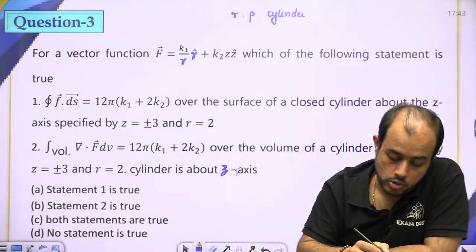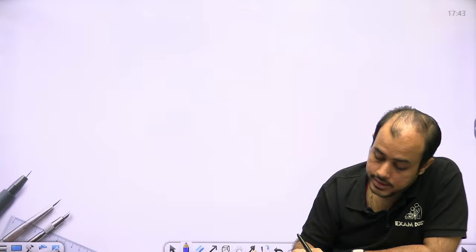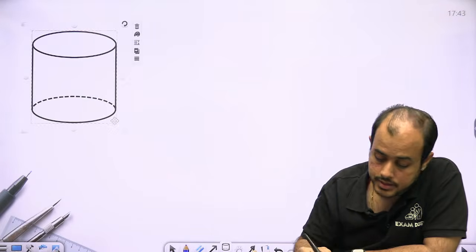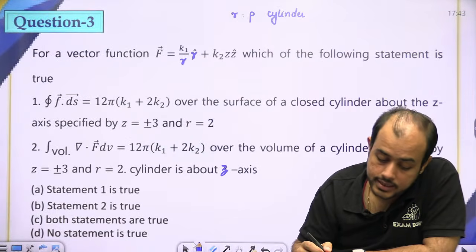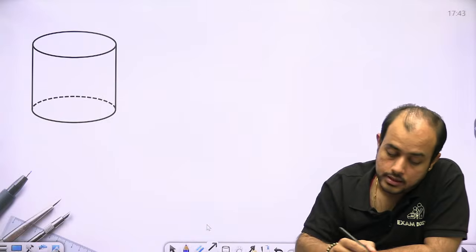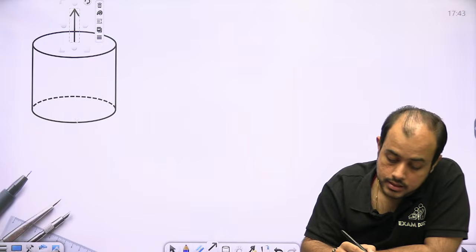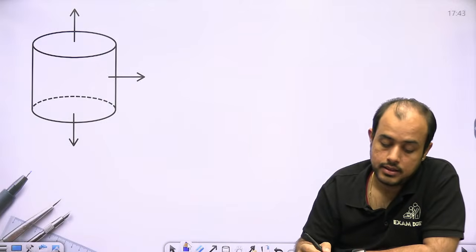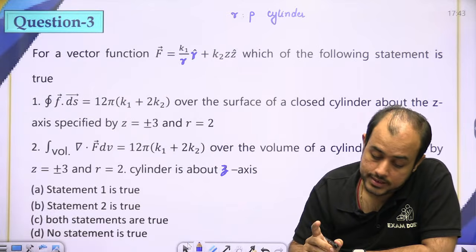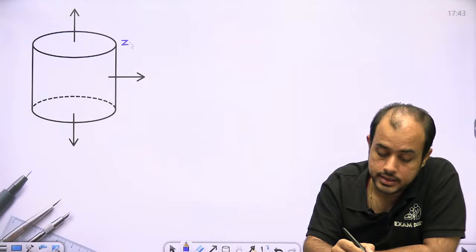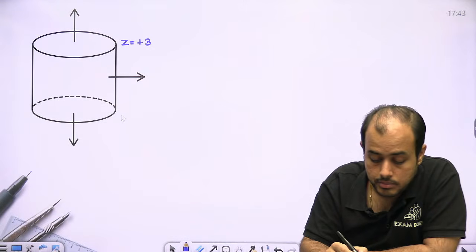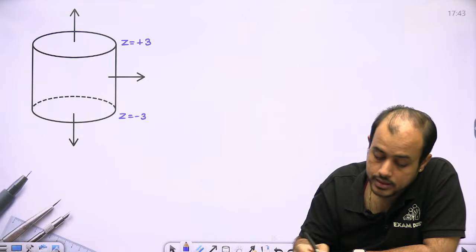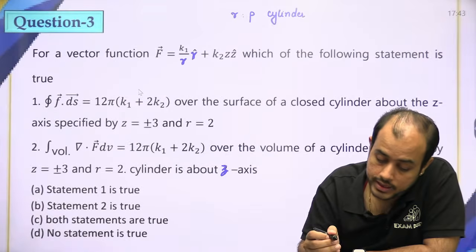Let me explain this question to you. First it is asking us to evaluate over a cylinder. Now the cylinder has 3 surfaces: the top surface, the bottom surface and a curved surface. Now on the top surface Z varies from plus 3 to minus 3. For the bottom surface and the curved surface, if they are using R, radius is equal to 2.